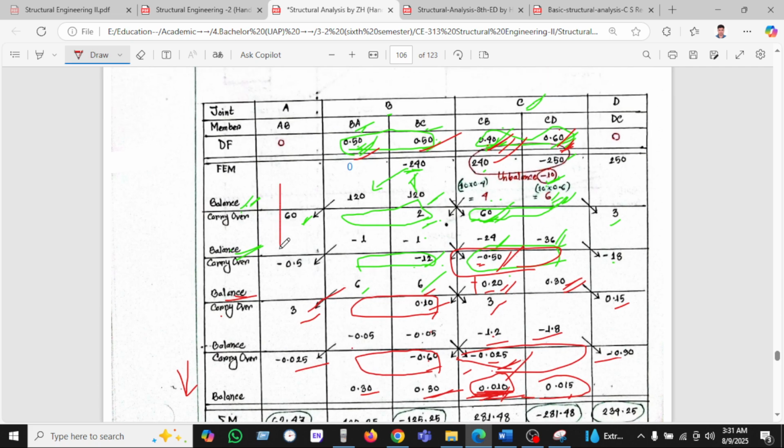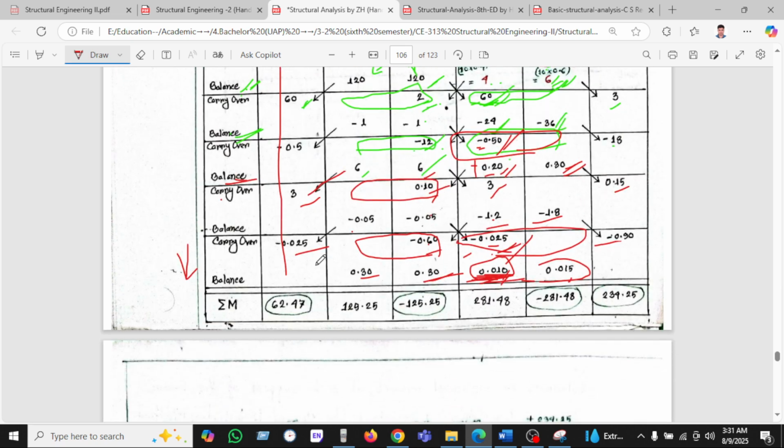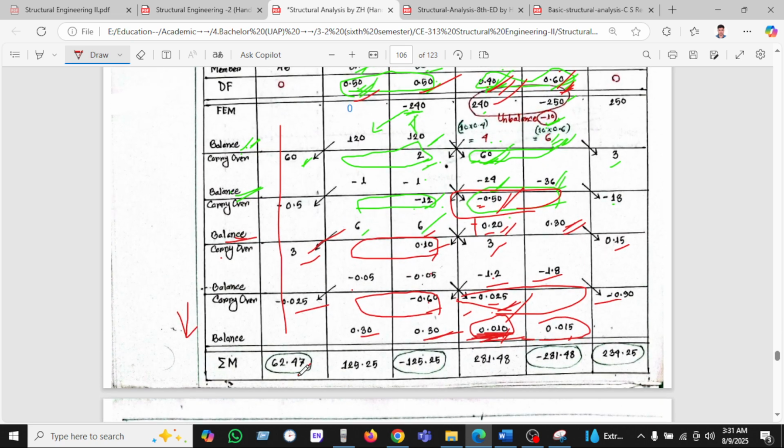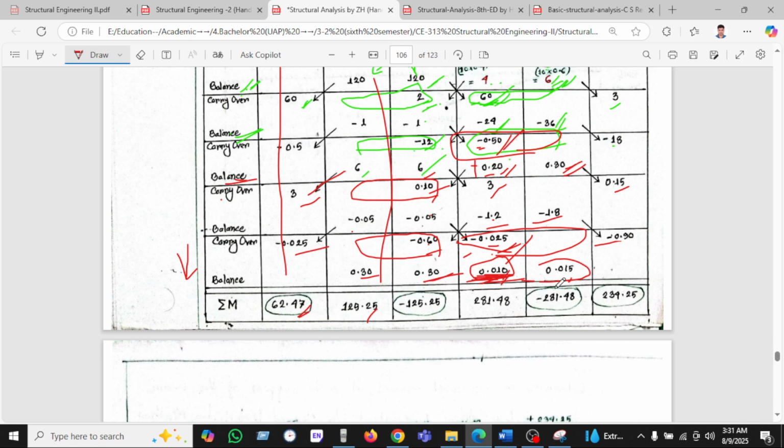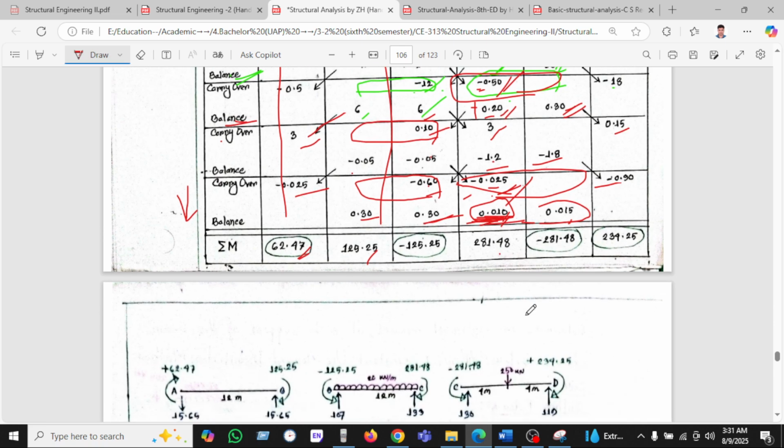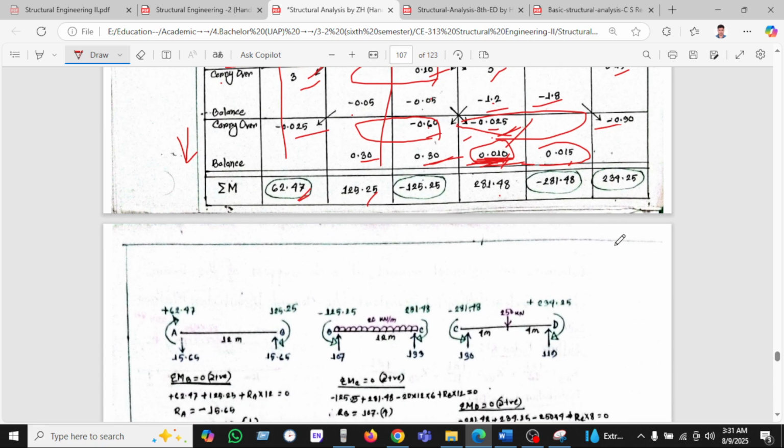So now we can sum up all these moment values. Then we find 62.75, and at this point we find 1.25, 1.25, 281, 281. After getting these, now we can draw the diagram here. We have found 62.